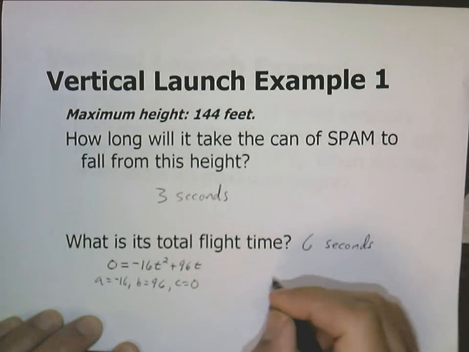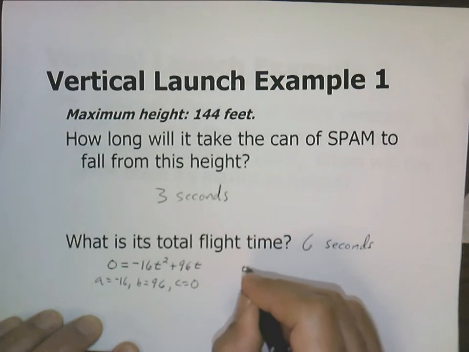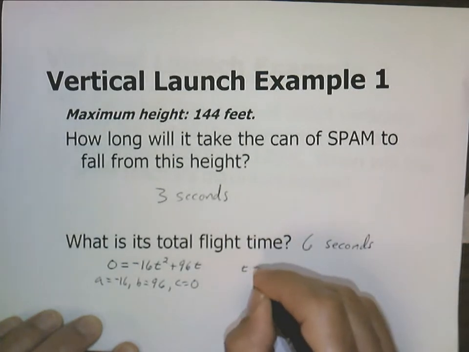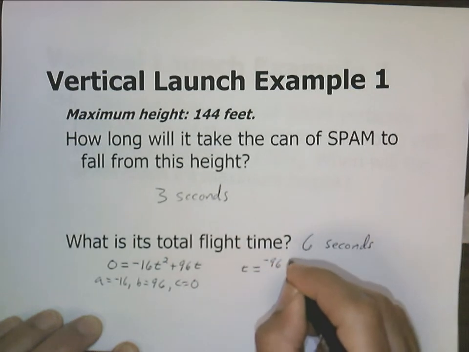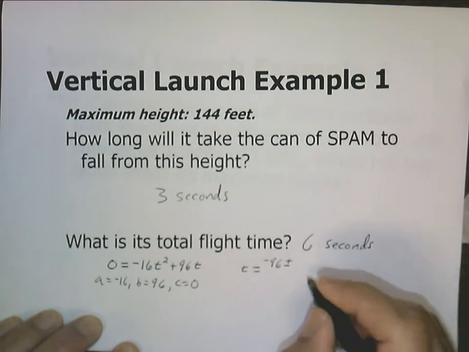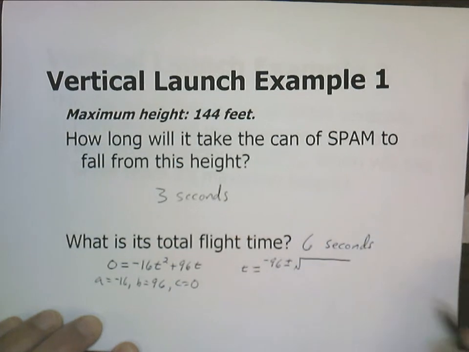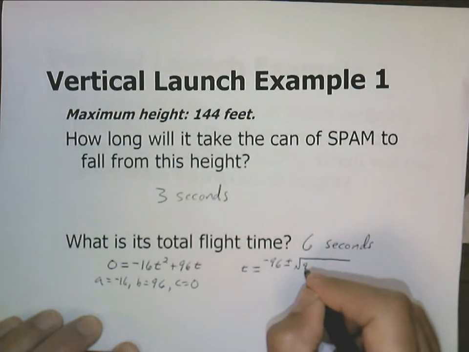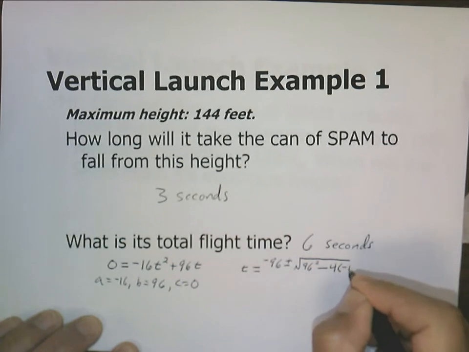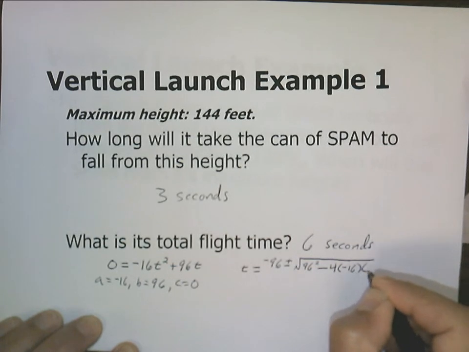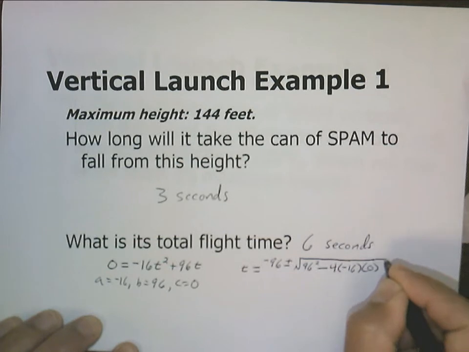So the x-intercepts are going to occur, or the t-intercepts really, when t is equal to negative b, which is negative 96, plus or minus the square root of b squared minus 4 times a, which is negative 16, times c, which is 0.